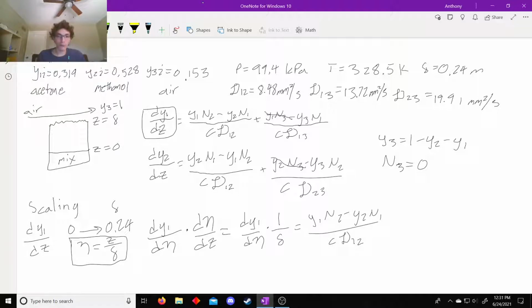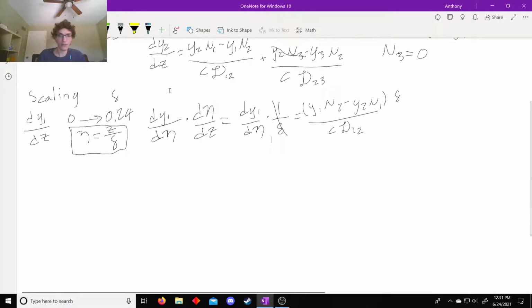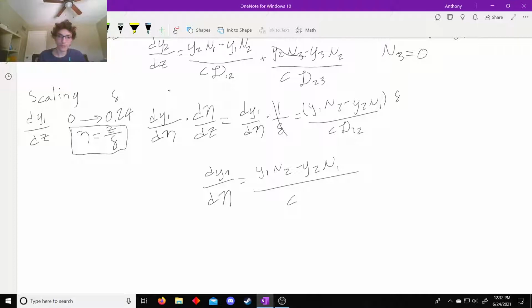So I'm going to go ahead and multiply by delta and rewrite this. So the change in the mole fraction over the change in eta equals this top part of the Stefan-Maxwell equation divided by concentration times the Stefan-Maxwell coefficient of diffusion between 1 and 2 divided by delta.